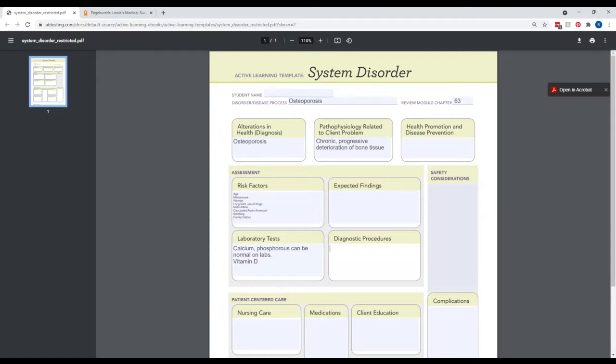So skipping ahead to diagnostic procedures, we were talking about bone density. What is the name of the gold standard test for osteoporosis that you will see ordered?